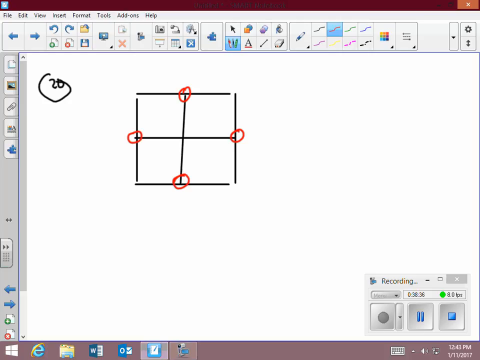Remember, you have to trace it out without retracing a line. You see, there's 3 lines that go away from that one point. So you can come into it twice. But when you come into it, you will already have traced it.